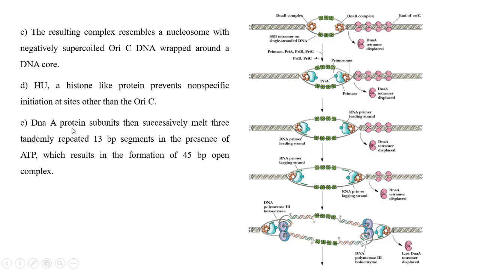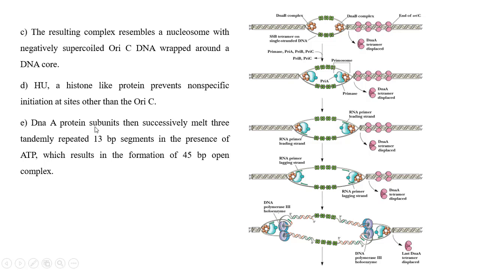The DnaA protein subunits then successively melt. That means DnaA protein bound on the 4 repeats of 9 base pairs breaks the hydrogen bonds between the nucleotides in the 3 repeats of 13 base pair.